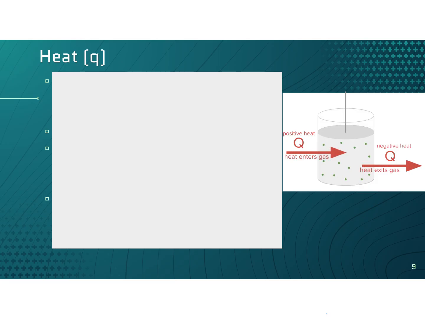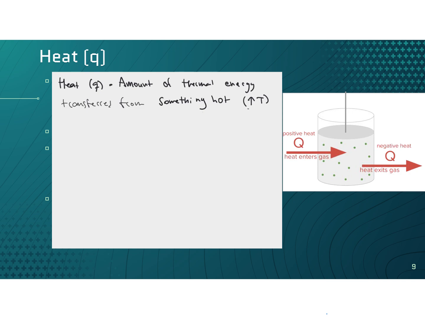When I'm talking about heat, which we define by the letter Q, it is the amount of thermal energy transferred from something hot, or something that's, of course, at a higher temperature, to something that is colder.